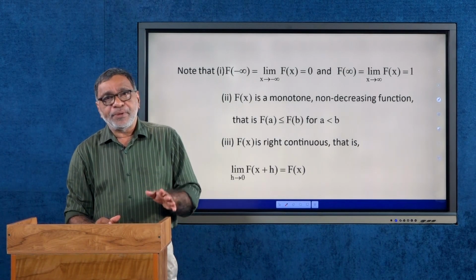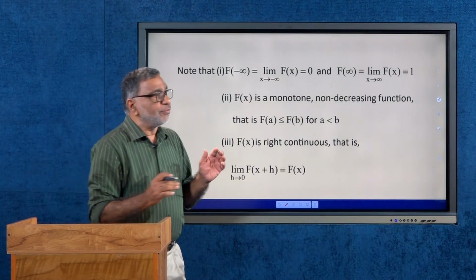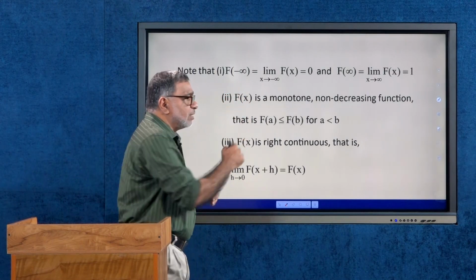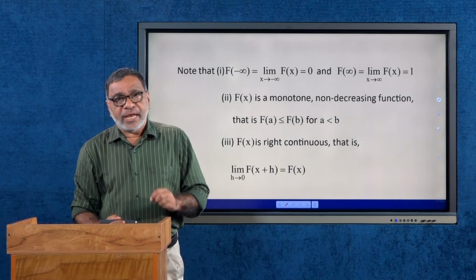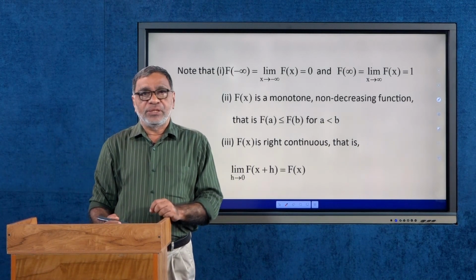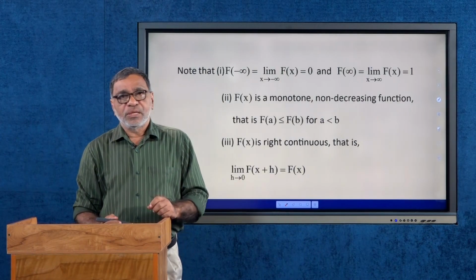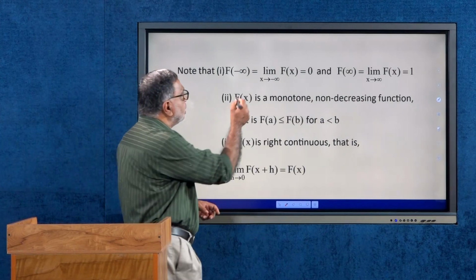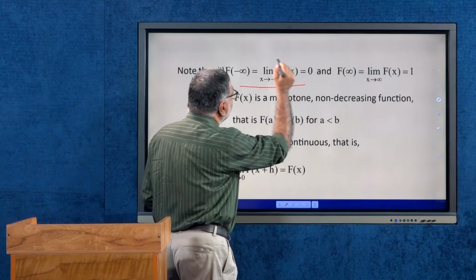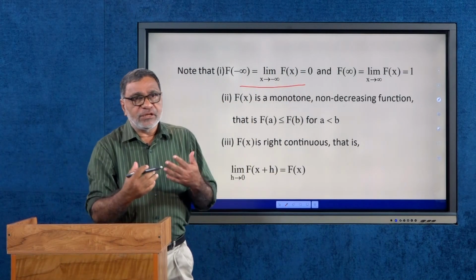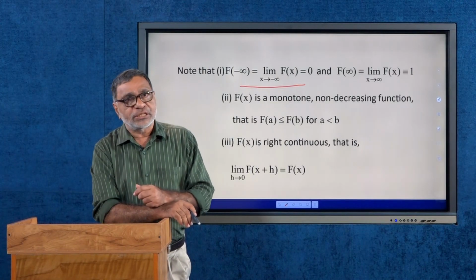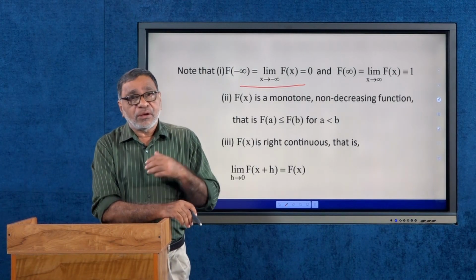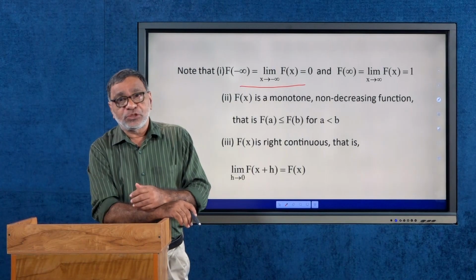One, the first property is f of minus infinity, that is the function value corresponding to x when x tends to minus infinity, that is always 0. So, f of minus infinity is equal to 0, and f of minus infinity means limit of f of x when x tends to minus infinity, and f of plus infinity is equal to 1.